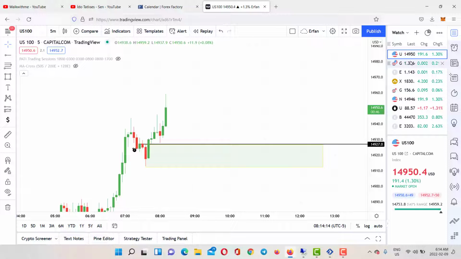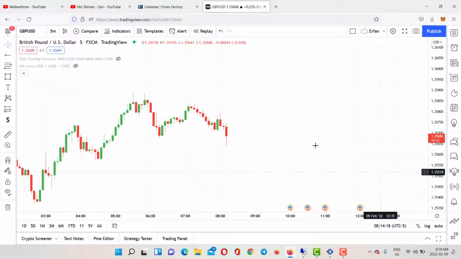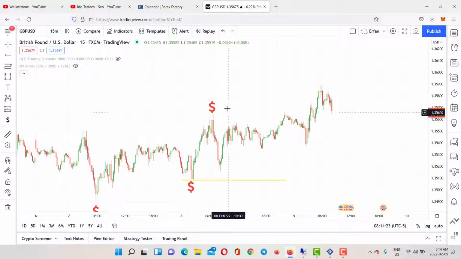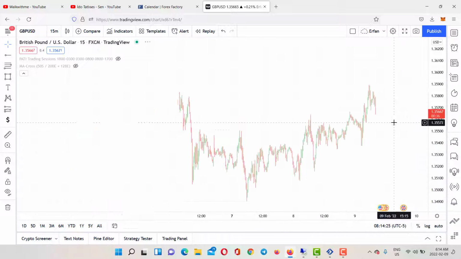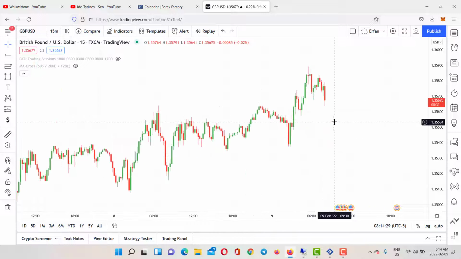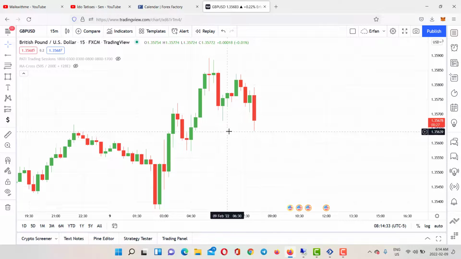Meanwhile, we can go for GBPUSD to see what's going on here. I can go to a 15-minute time frame, and you see that we are in the New York session. We have higher highs, higher lows. The same thing is happening with GBPUSD.